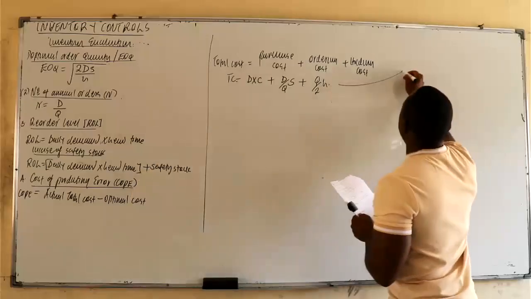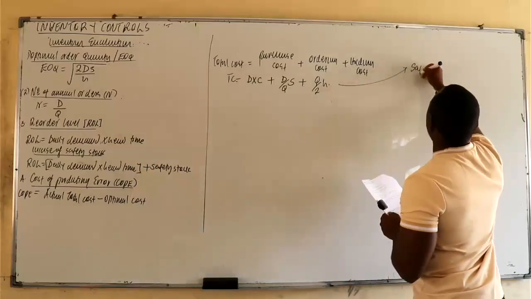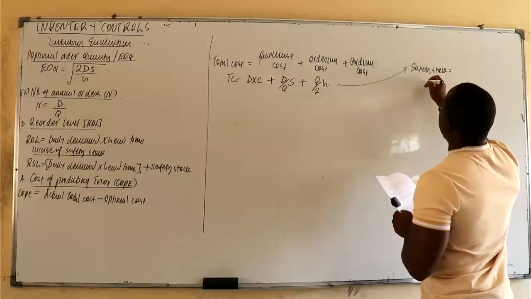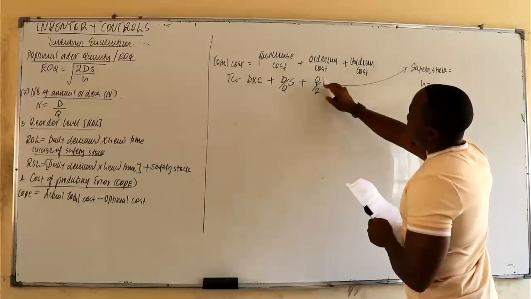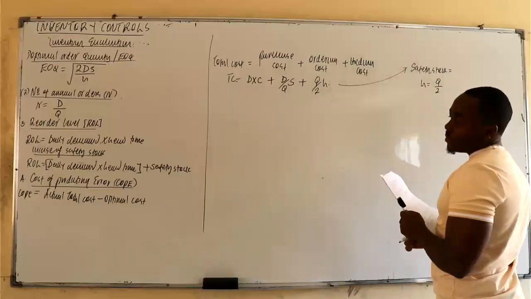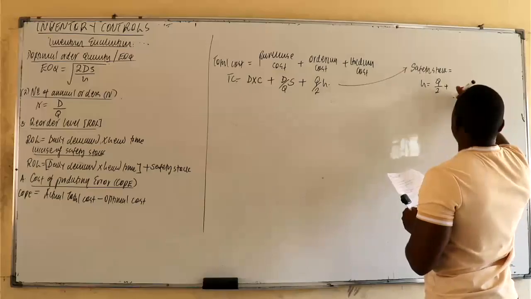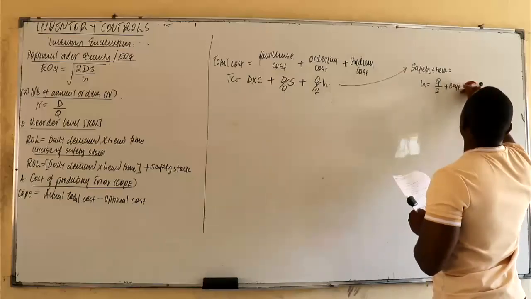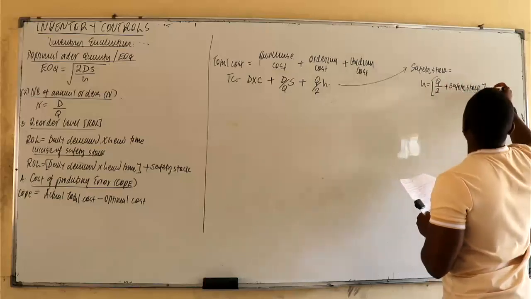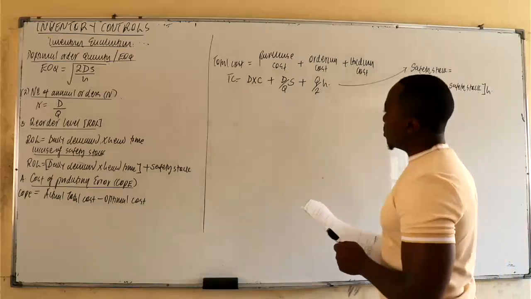But if the company maintains safety stock, to get the holding cost, this is what you do. You take the economic order quantity, you divide by 2, you get the average, and then you add the value of the safety stock, and then you multiply by H.